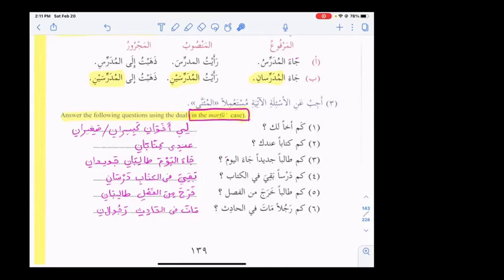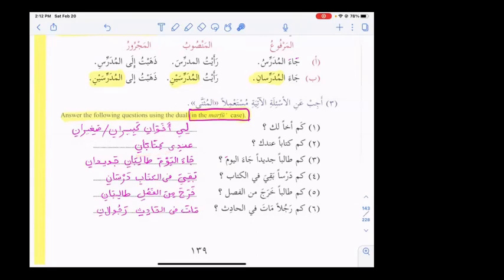Kam kitaban indaka? Indi kitabani. I have two books. So this is shibh jumla khabar, and kitabani is mubtada. What is the sign of its being marfu? Alif. Why? Because this is musanna.